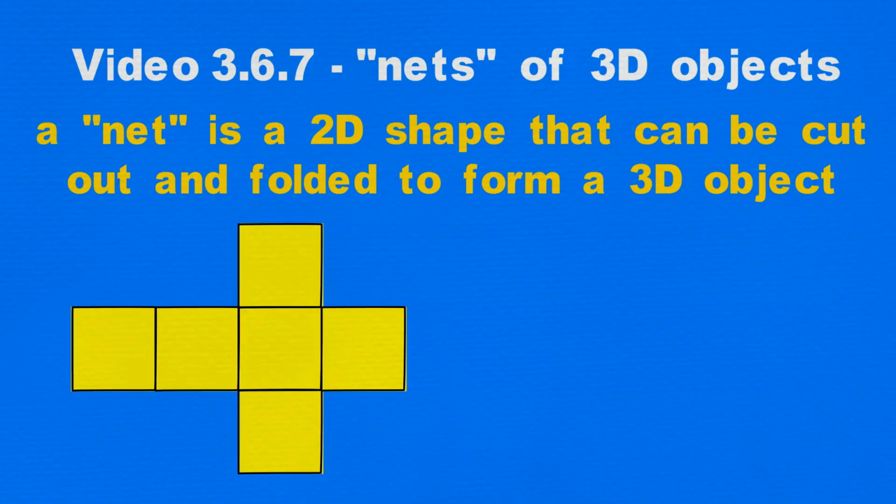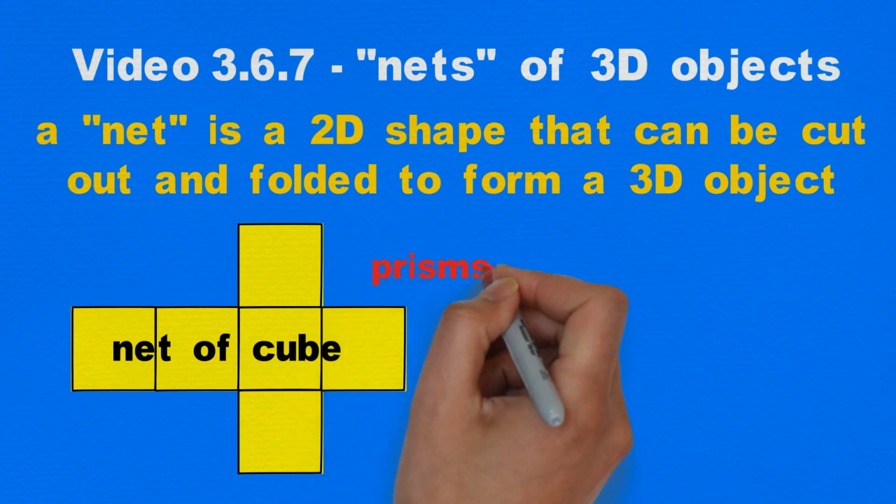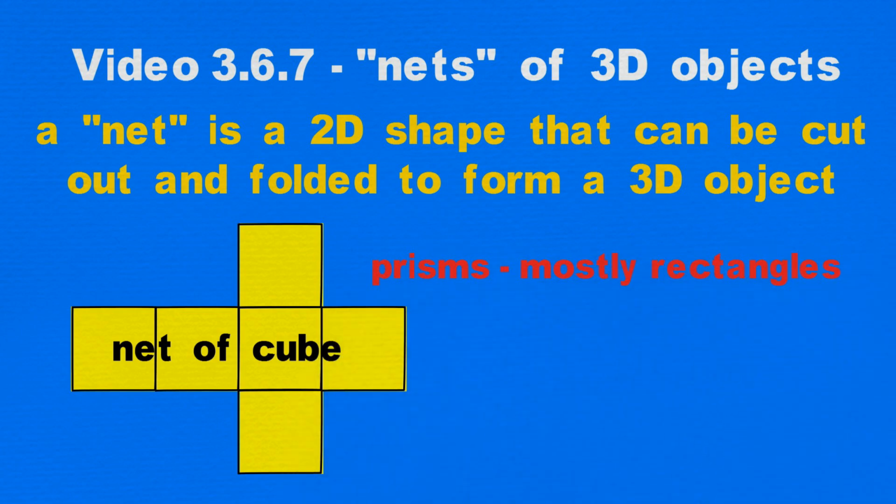We could also say a net is the 2D shape we get when we cut up and unfold a 3D object, showing all its faces, like this net of a cube made up of 6 square faces. Nets containing mostly rectangles are probably nets of prisms, while nets containing mostly triangles are probably nets of pyramids.